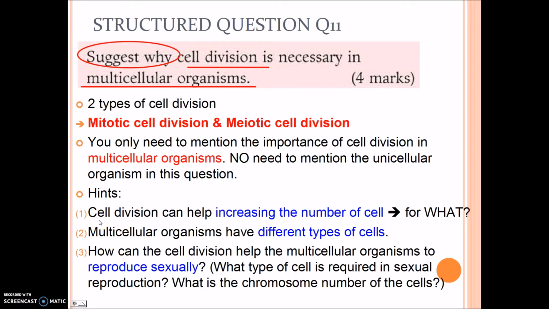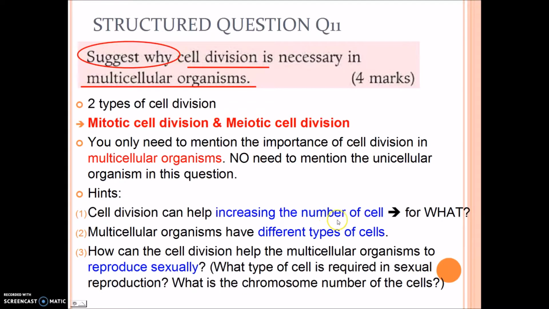The first hint is that cell division can help us increase the number of cells, but you need to tell me how important it is. What is the importance of increasing the number of cells, or in other words, what is the importance of producing new cells?